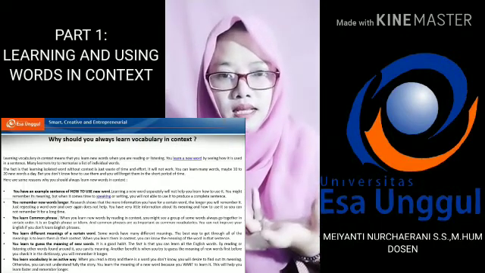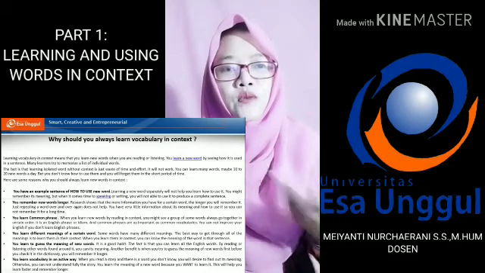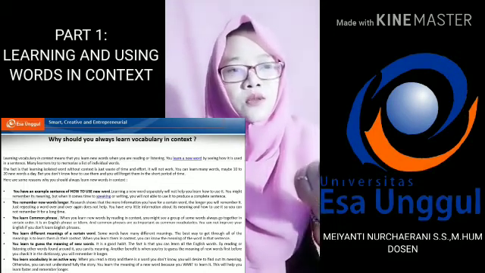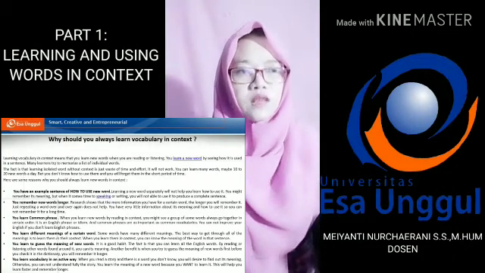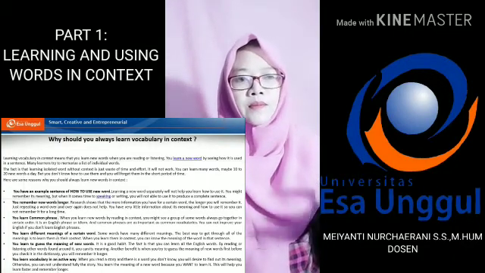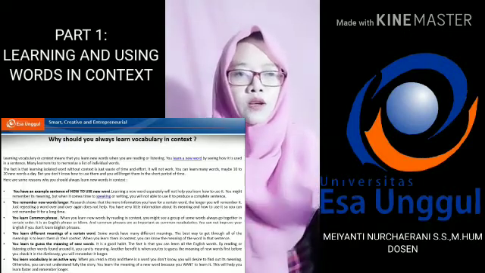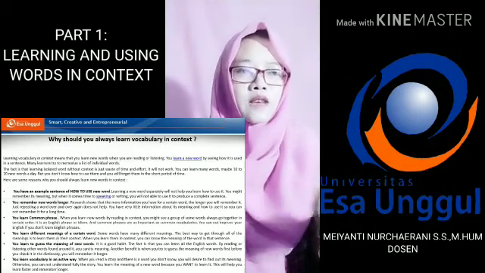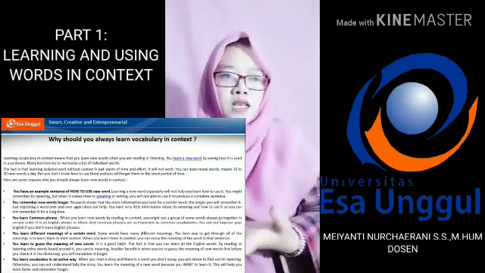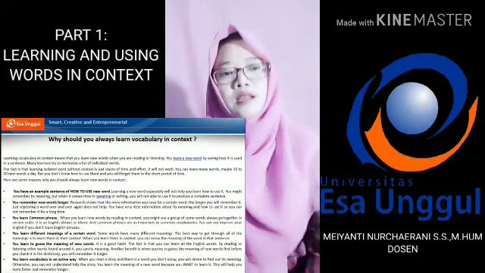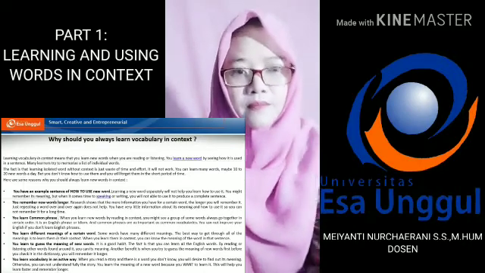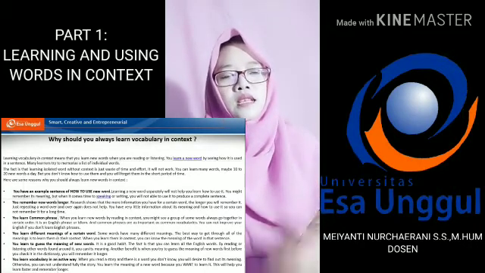The second one is you remember new words longer. Research showed that the more information you have for a certain word, the longer you will remember it. Just repeating a word over and over again doesn't help. You have very little information about its meaning and how to use it, so you cannot remember it for a long time.